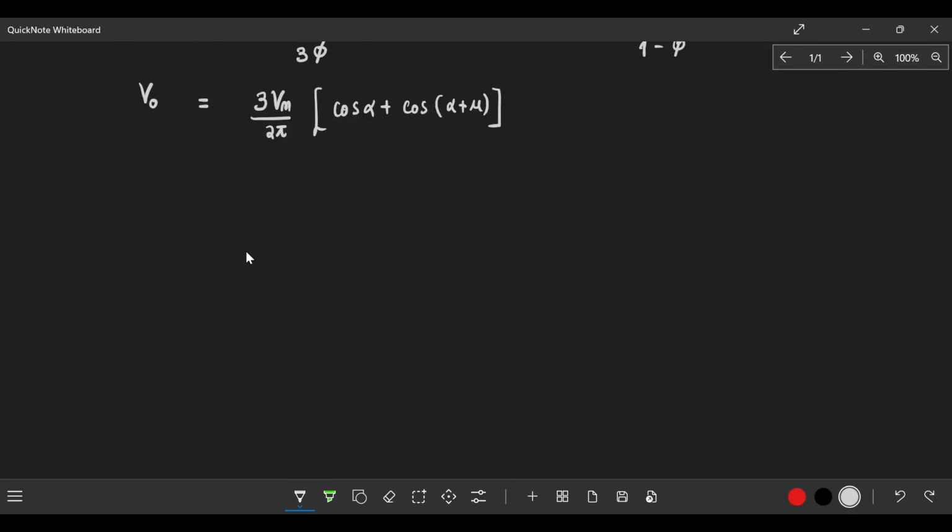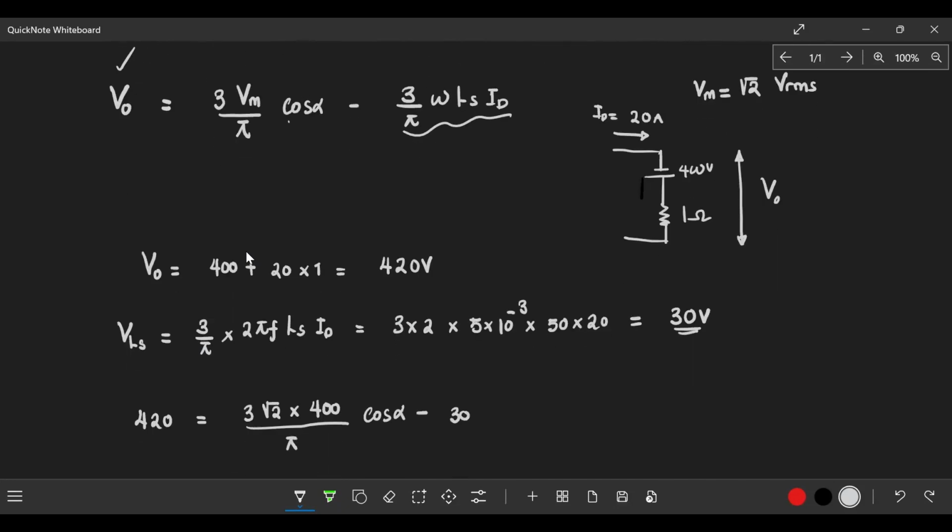So now let us look at it, everything given to us now. VO is 420. We found VO, which is 420, from the previous problem, from the first part.